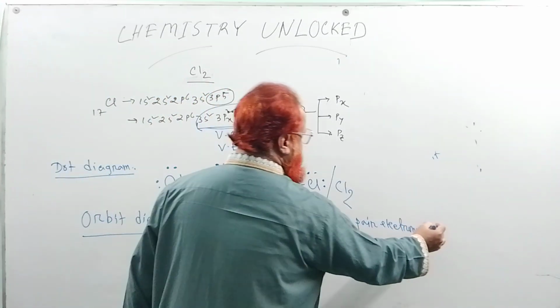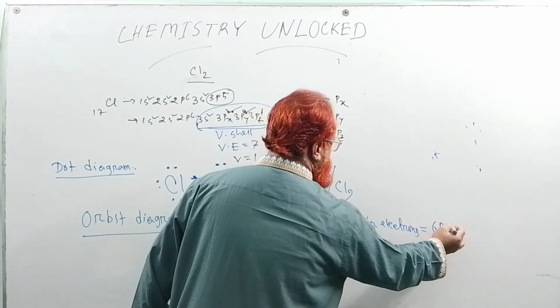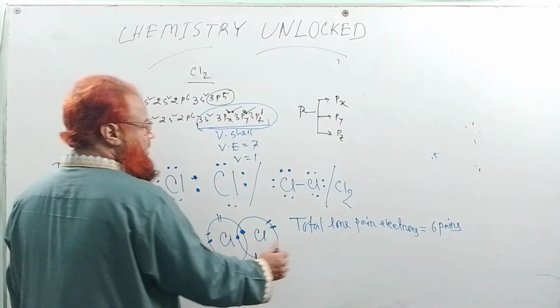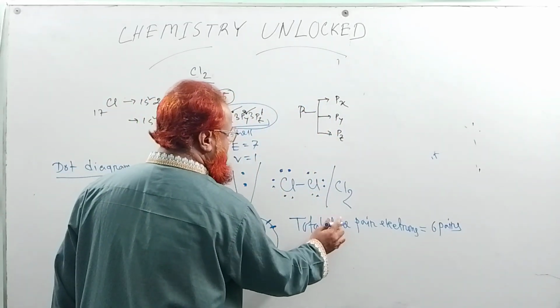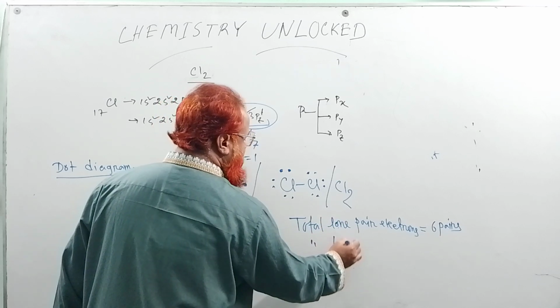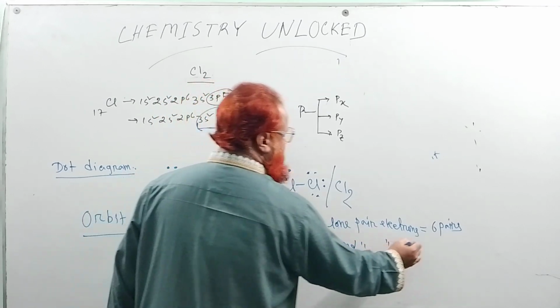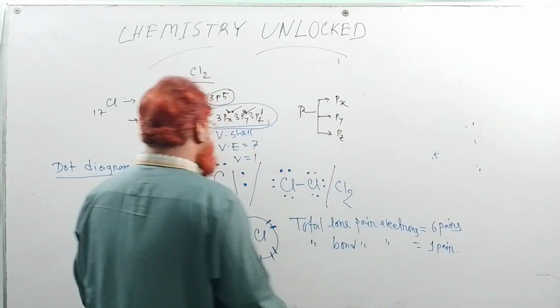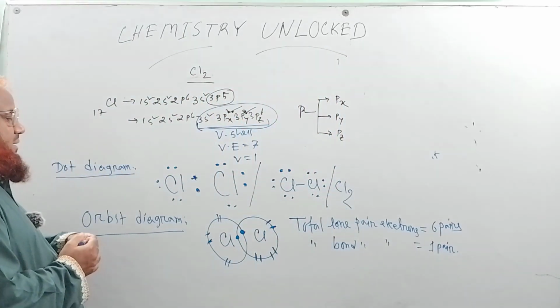Total is 6 pairs. And here a single bond, so total bond paired electron equals 1 pair. It's a very simple explanation.